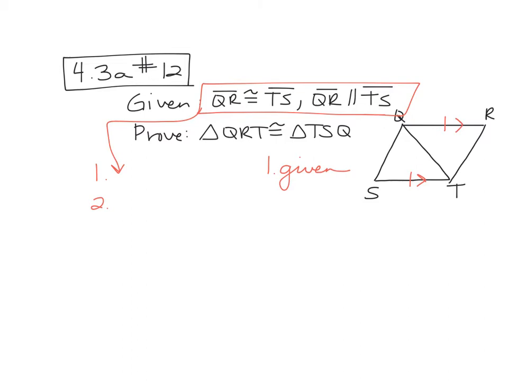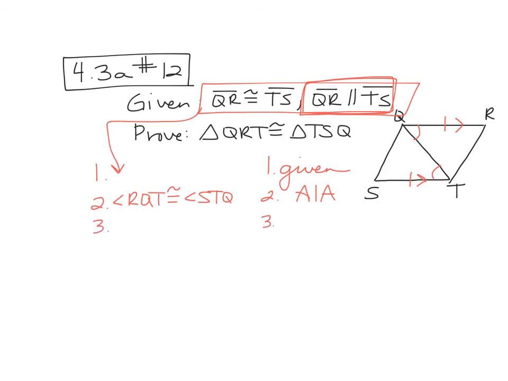Step 2, you have options here. There's not like one thing you have to do right now, but I always think it's safest to start with your given information. What does that lead you to? So if you look at this statement, QR parallel to TS, what it leads you to, them being parallel, is alternate interior angles. Remember, parallel lines often do that. So those two are alternate interiors. So angle RQT congruent to angle STQ by alternate interior angles.